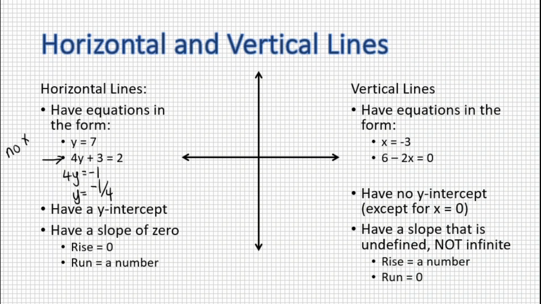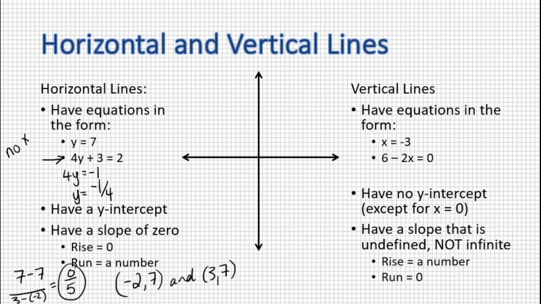The reason behind that is, let's say we had 2 points on the line y equals 7. One of them could be (-2, 7). The second point could be (3, 7), noticing that the y value always stays the same because y is always equal to 7. And if you did the math for the slope, you would end up doing 7 minus 7 divided by 3 minus -2, and you get 0 over 5, which is 0.